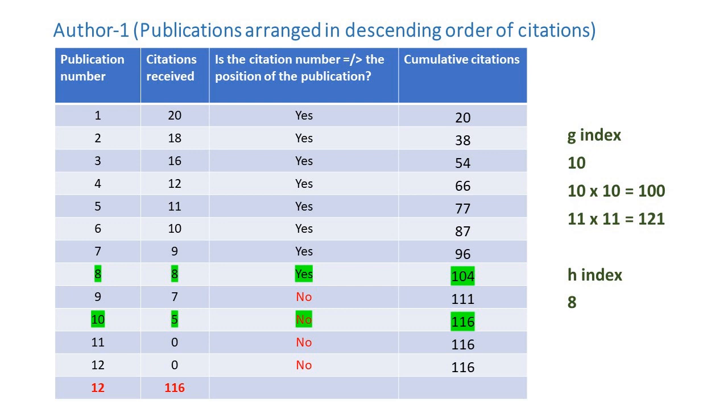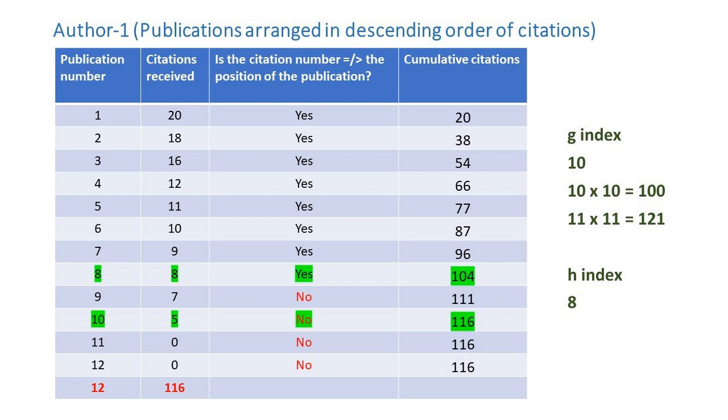Okay. Now what you need to do? Go on calculating the squares of each of these numbers. 1 squared means 1, 2 squared means 4, 3 squared 9, 4 squared 16, 5 squared 25, and so on.